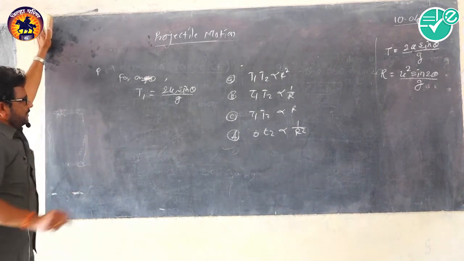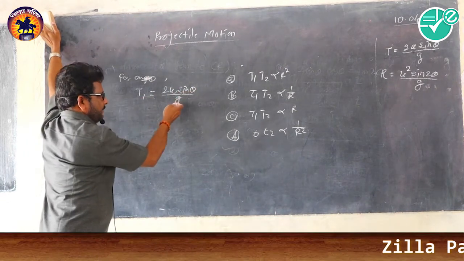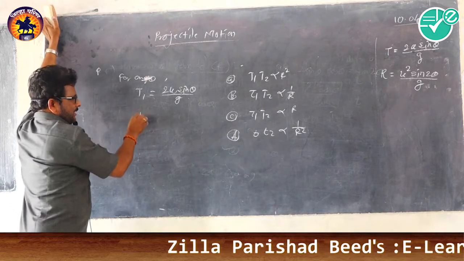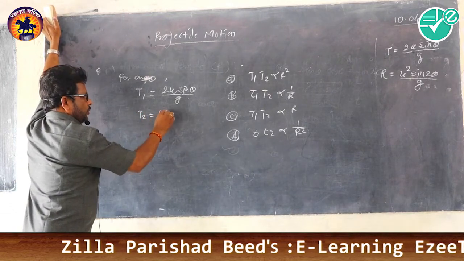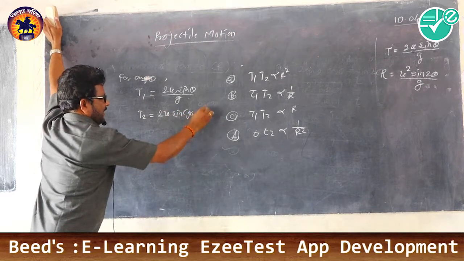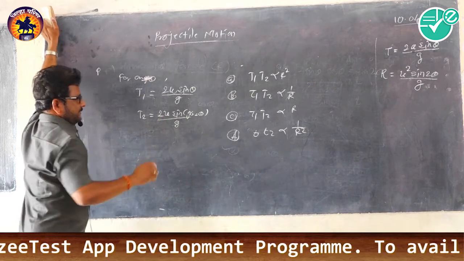So for angle theta, the time of flight t1 is equal to 2u sin theta upon g, and for the complementary angle 90 minus theta, t2 is equal to 2u sin 90 minus theta upon g.